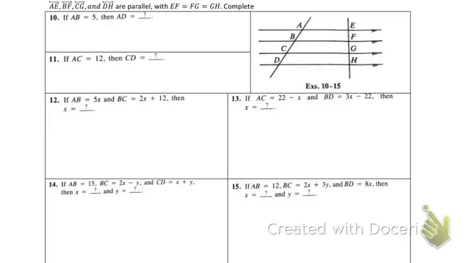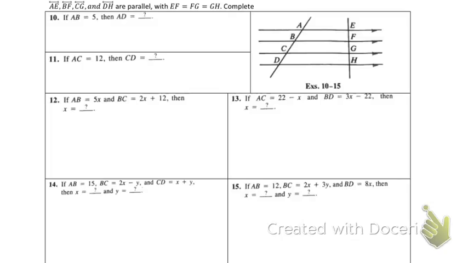Okay, if AB equals 12 and BC equals 2x plus 3y and BD equals 8x. So the first thing is all of these are parallel. All of those are parallel, and EF equals FG equals GH, which means all of these sections must also be equal. That was one of our theorems. So this says if AB equals 12, let me write that in up there.